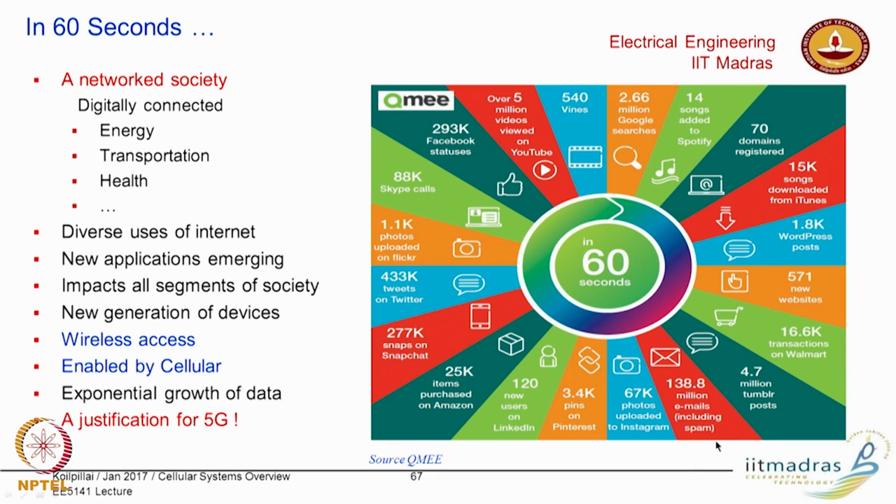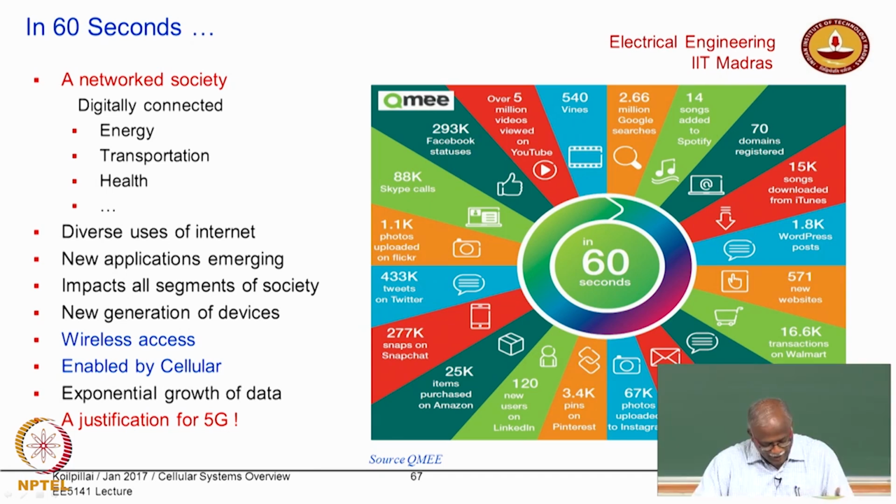Now, if you assume that countries like India will have a significant portion of this as the internet traffic that we are generating, and for us the only way we can access the internet or broadband will be through wireless, then you already have the answer, because today's 4G can do all the voice.